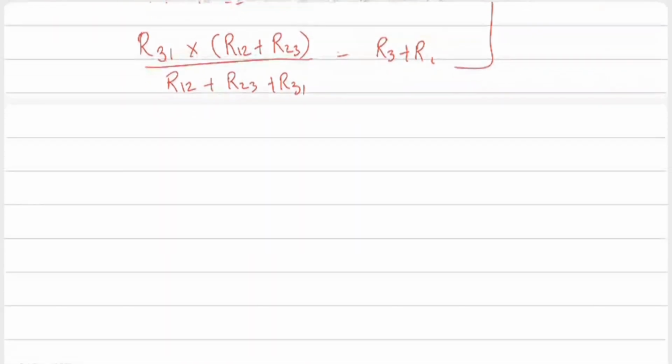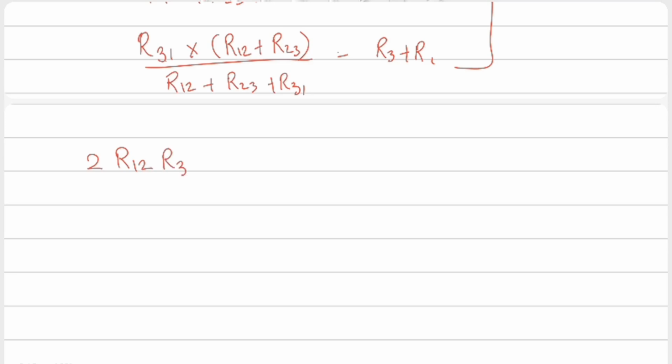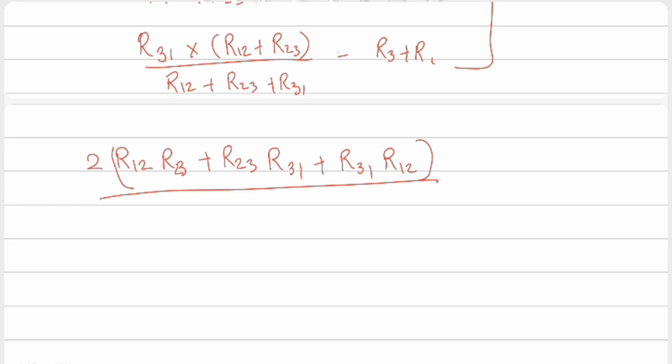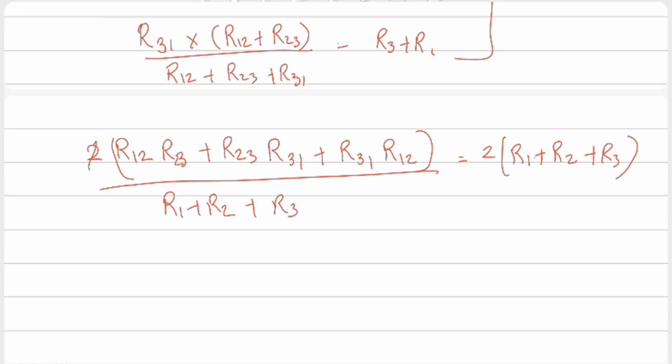So, since the denominators are the same, we can add them. We'll get 2 times (R12 R23 plus R23 R31 plus R31 R12), the whole divided by R12 plus R23 plus R31, equals 2 times (R1 plus R2 plus R3). This 2 and 2 will cancel out.